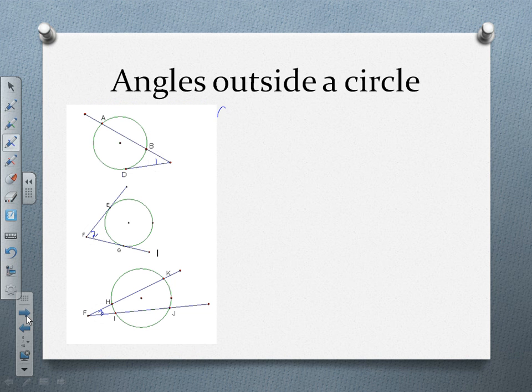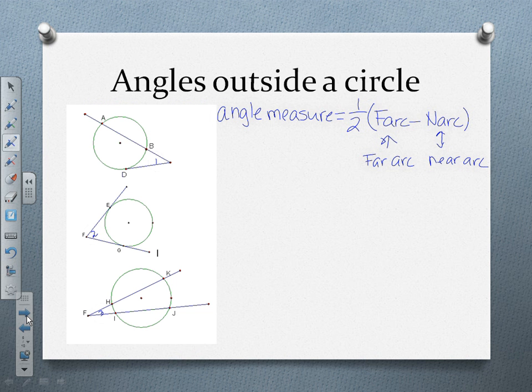My angle measure, I say, is always equal to 1/2 FARC minus NARC. Well, what is FARC and what is NARC? FARC is far arc, and NARC is near arc.